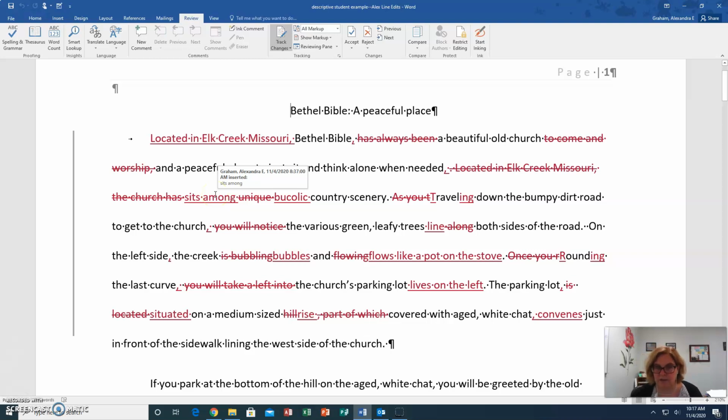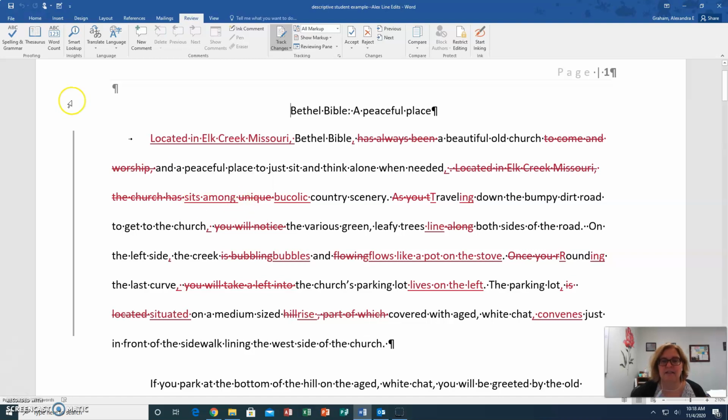Of course, that's why you're there. I took out "the church has." A better verb: sits. Instead of "unique," which is sort of wishy-washy, "bucolic" describes a countryside, pastoral. It is something that is peaceful and outside and beautiful.